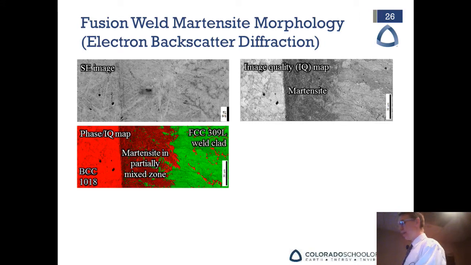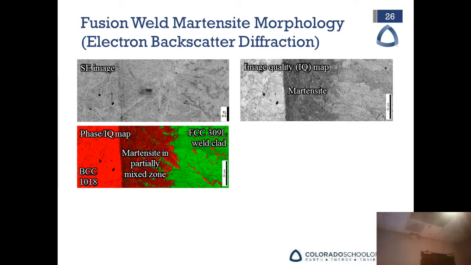Another fancy tool that we have is electron backscatter diffraction, which also works in a scanning electron microscope. What it does is give us pretty maps of the phases that are in our metal. It's a little bit small here, maybe if you're in the back. So this is the fusion weld.